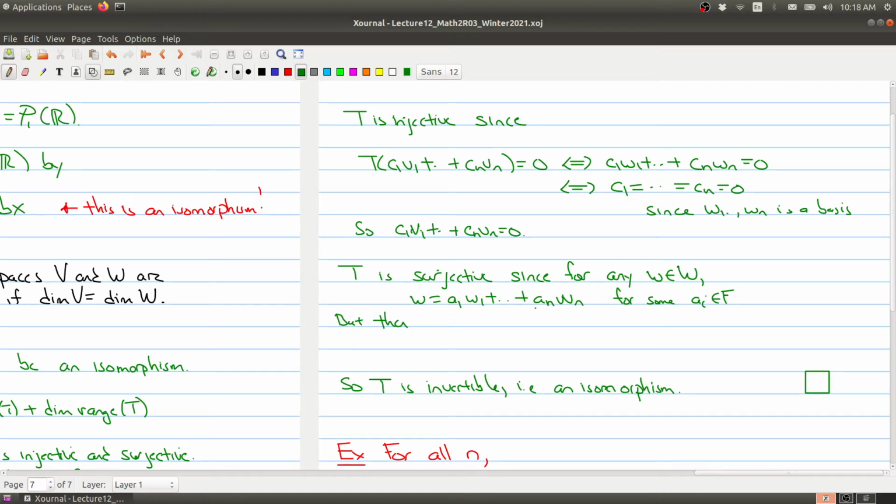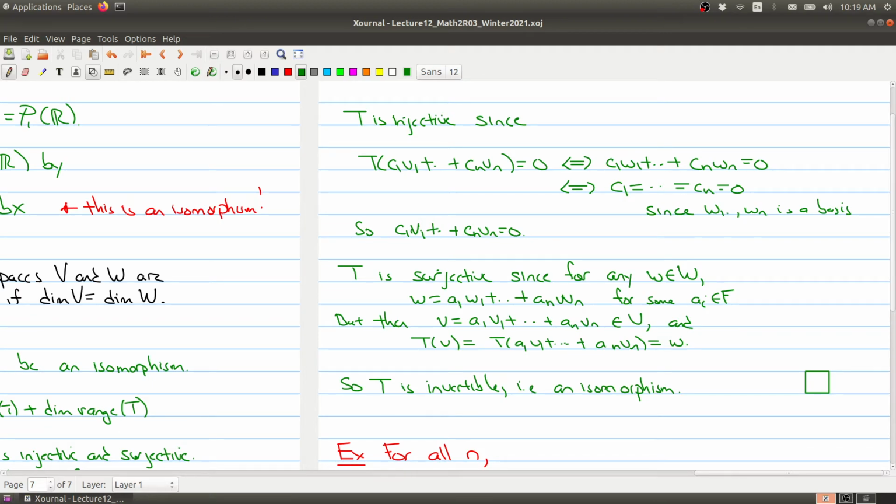But then you take those exact same coefficients and look at the vector A1 times the first basis element of V all the way up to An Vn. This is an element of V, and by the way we've defined our linear map, T evaluated at A1 V1 up to An Vn gets mapped to the vector w.